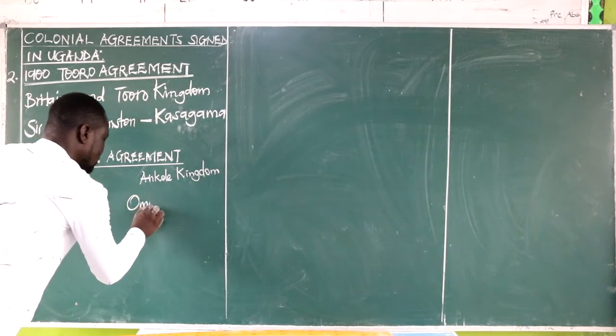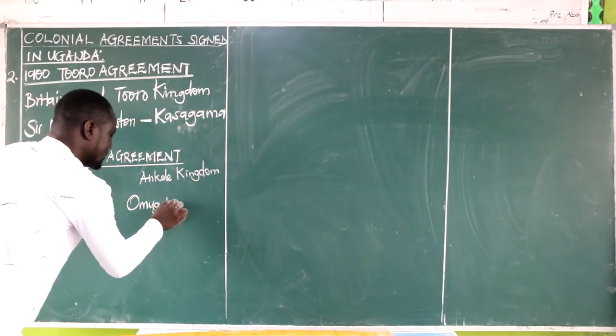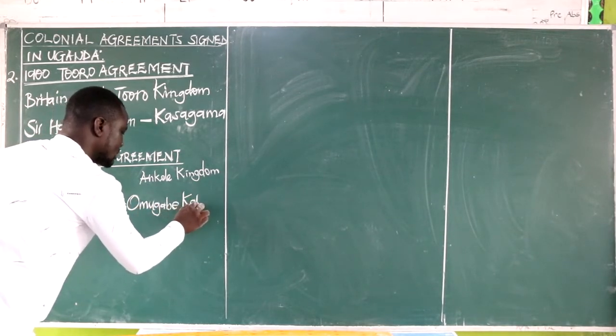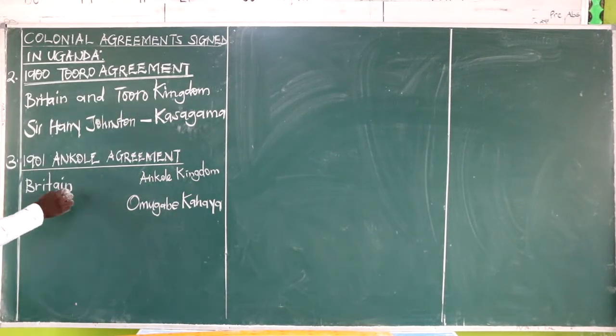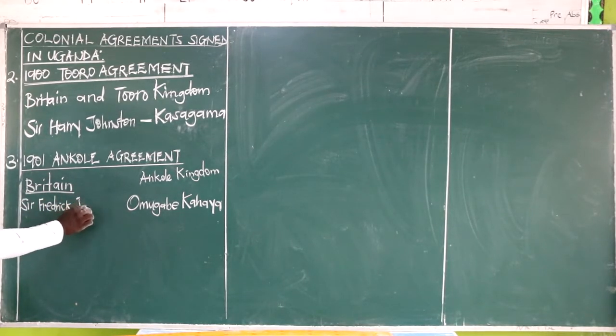So we can say Omugabe Kahaya. And for Britain, we had Sir Frederick Jackson.